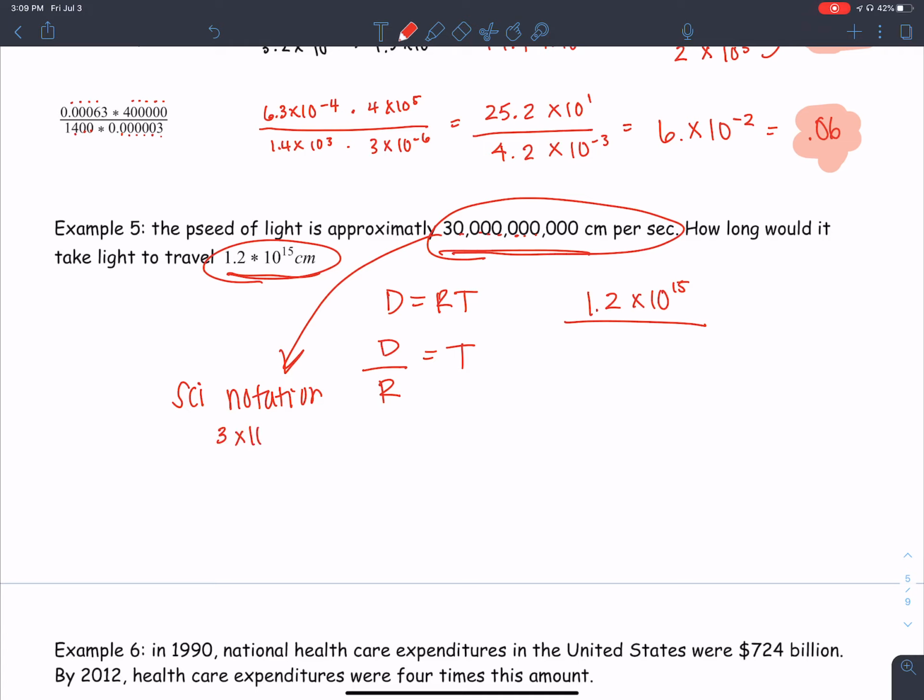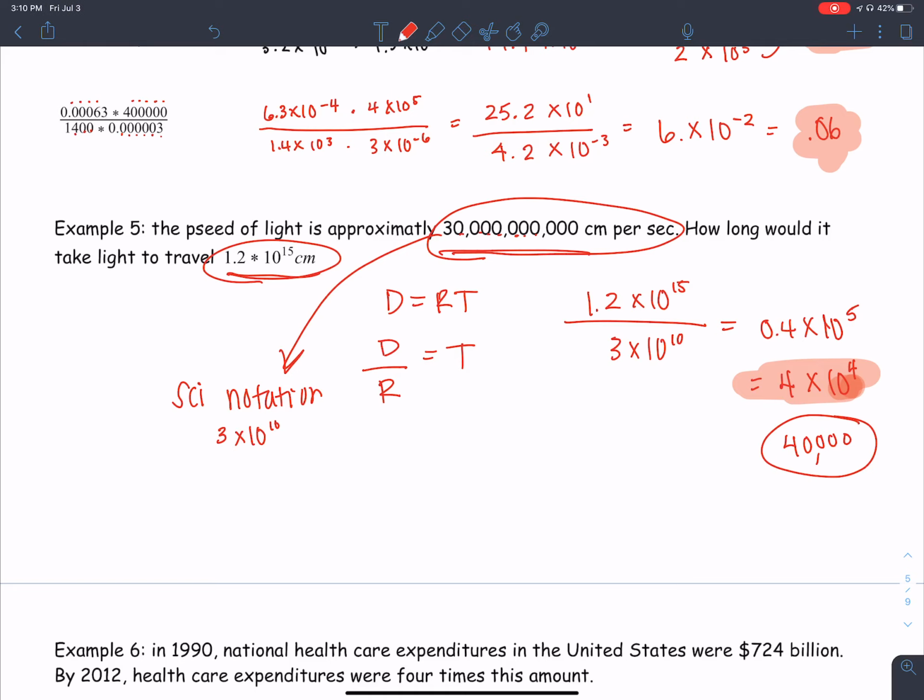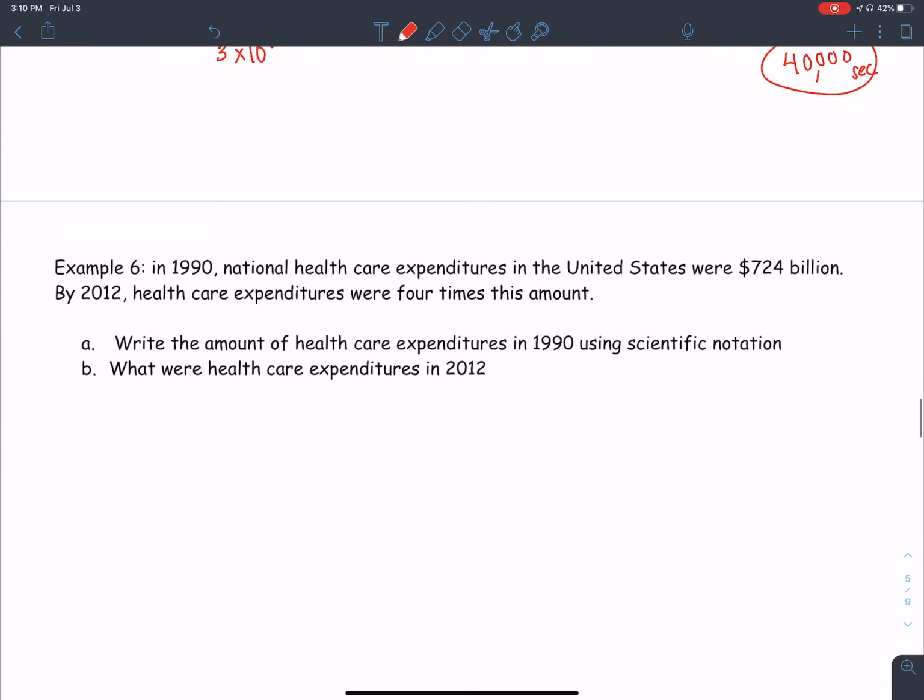So 3 times 10 to the 10th. So 1.2 divided by 3 gives me 0.4 times 10 to the 5th, but that's not the scientific notation. So it's actually going to be 4 times 10 to the 4th. That's the scientific notation answer. And then our actual answer is 1, 2, 3, 4. So 40,000 seconds.